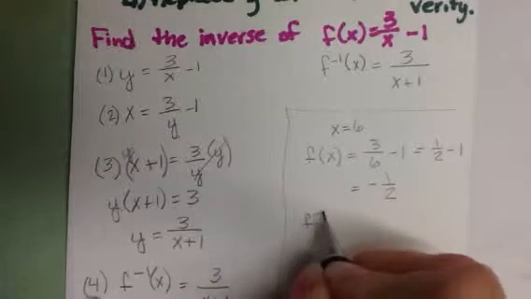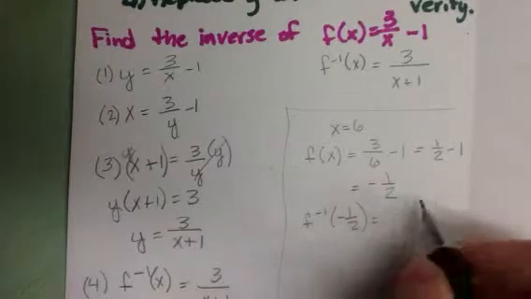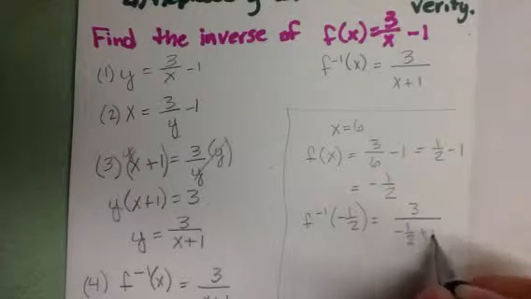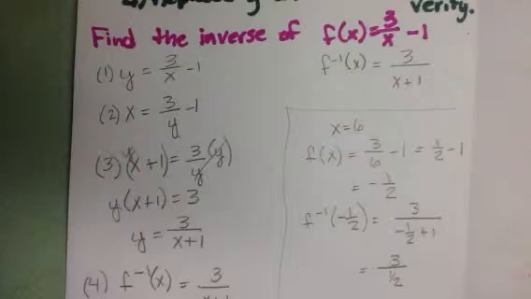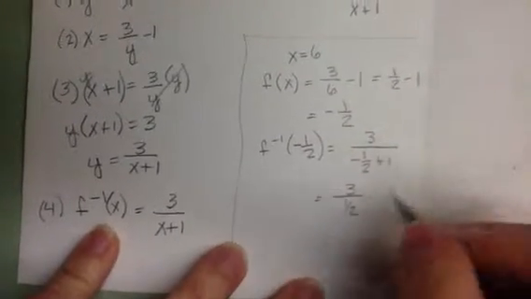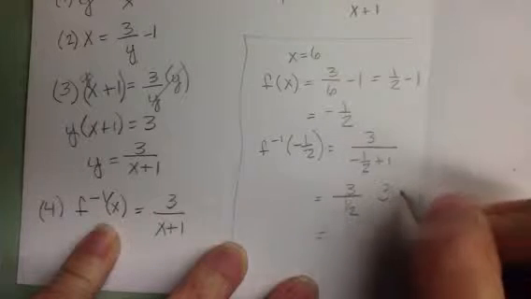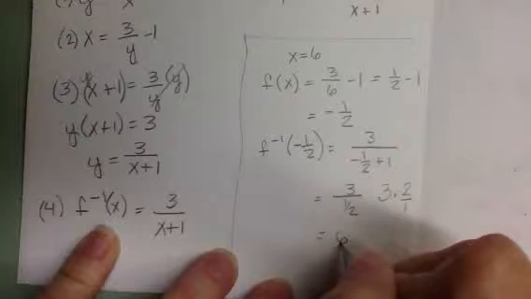So then if I put negative 1/2 into my inverse function, I would have 3 over negative 1/2 plus 1, which is 3 over 1/2. 3 divided by 1/2 means I'm going to do 3 times 2 over 1, which is 6.